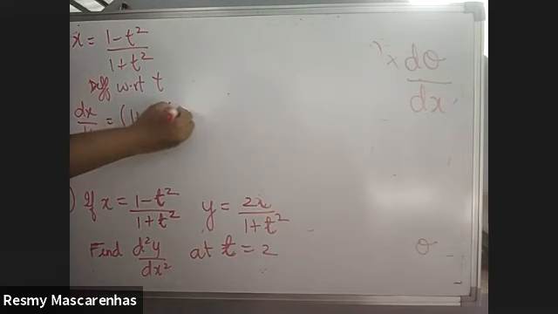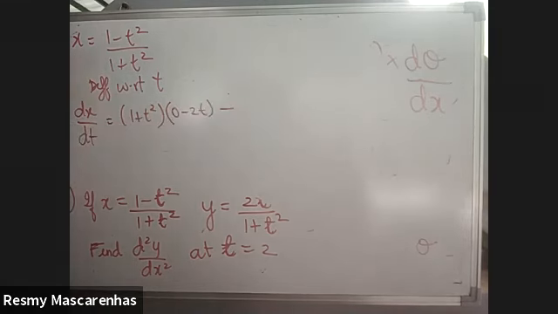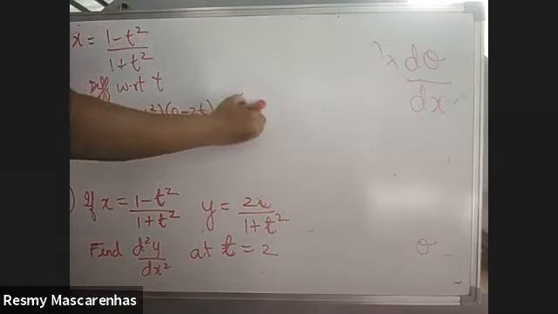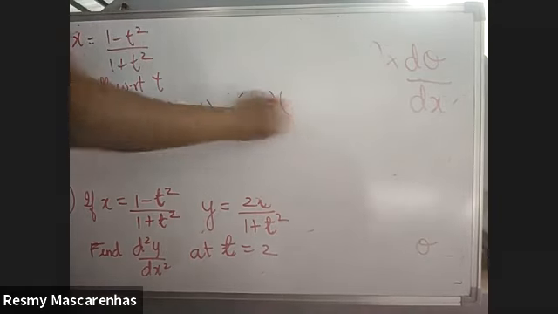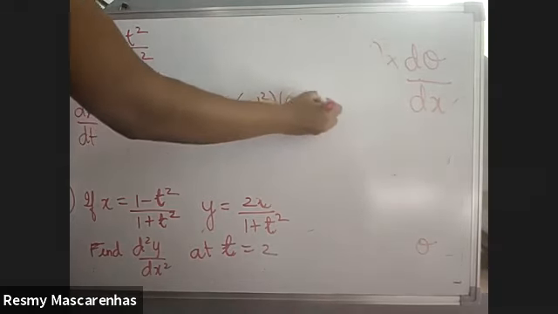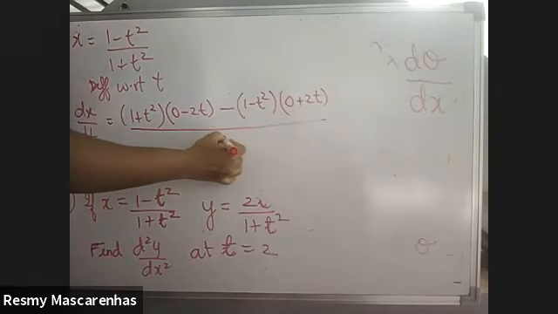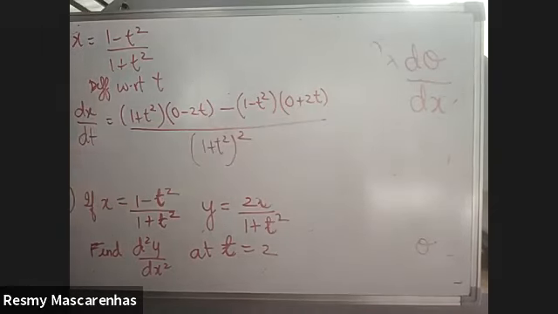So it will be, okay, middle sign is minus. Now u, again bracket, into derivative of v upon v square.